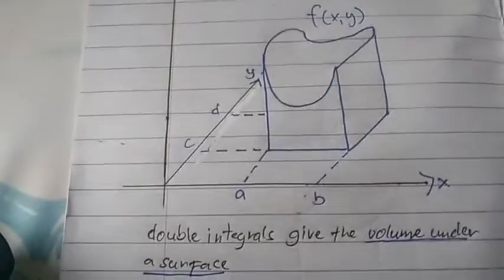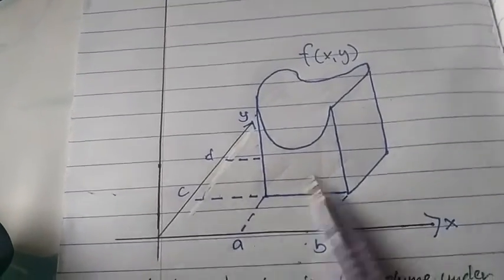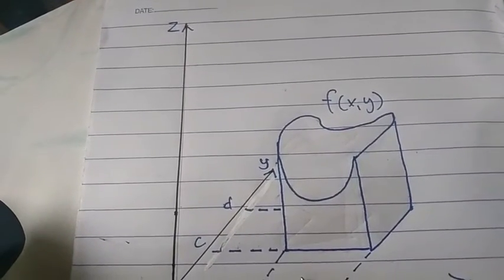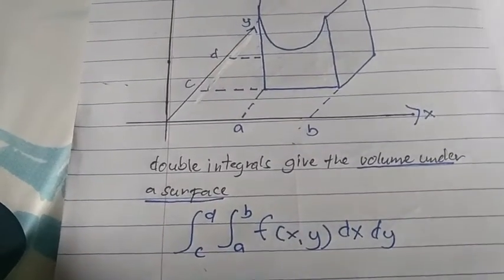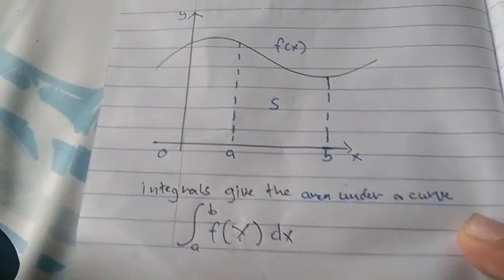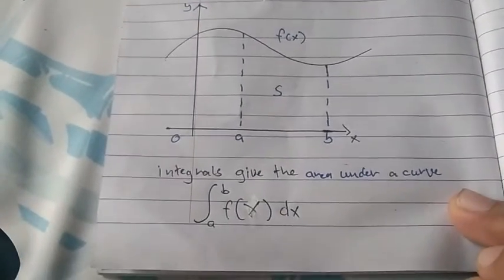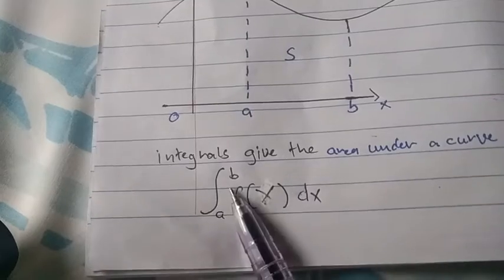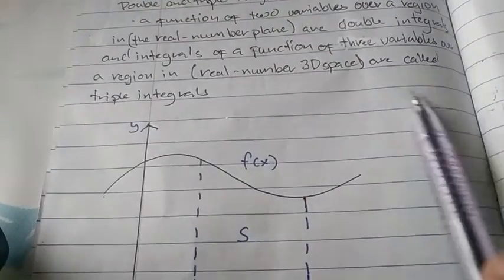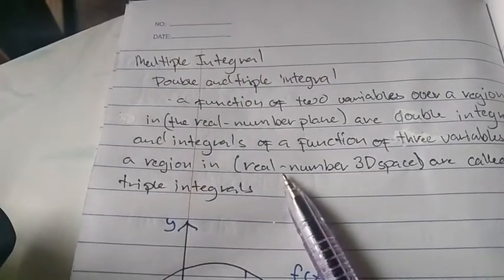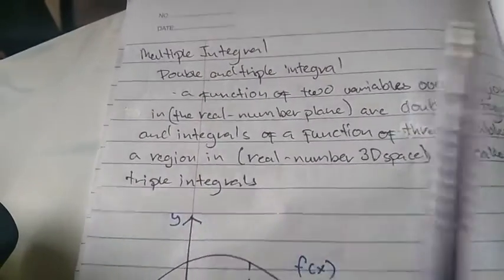And if we graph it in 3D, it looks like this, compared to our integral graph, which is 2D. The formula is limits a to b, f of x dx.